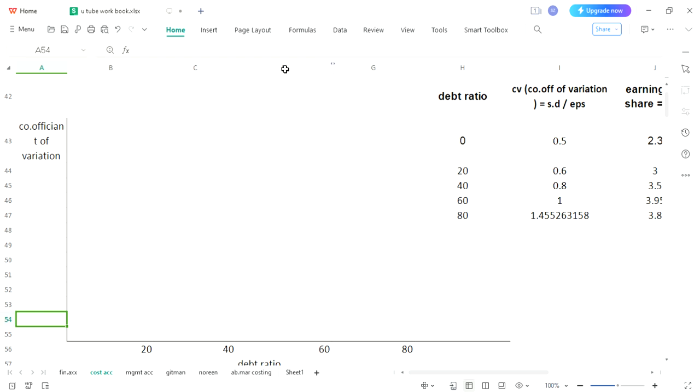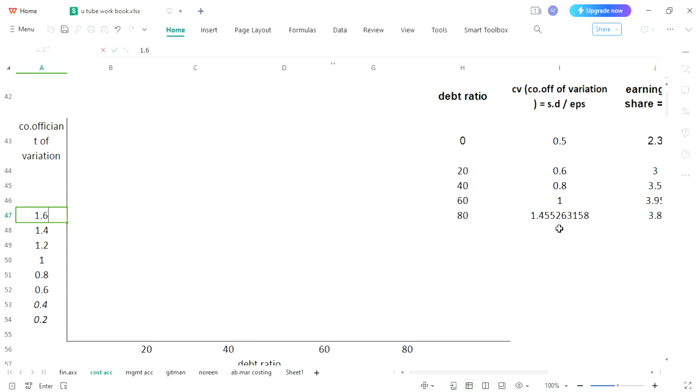And from here you need to put points from 0.5, 0.6, 0.8, 1 and 1.4. So minimum amount is 0.5, maximum 1.45. So you can use 0.2, 0.4, 0.6, 0.8, 1, 1.2, 1.4, 1.6.